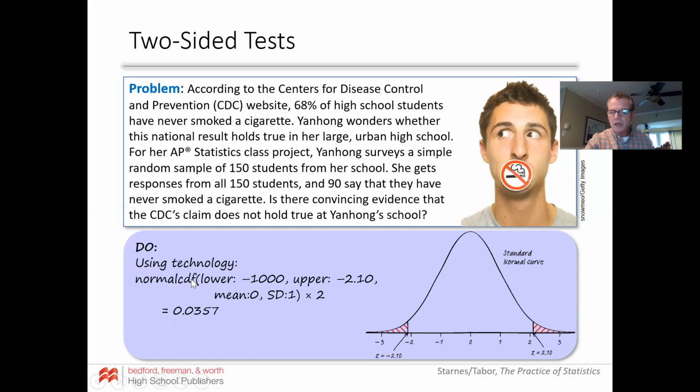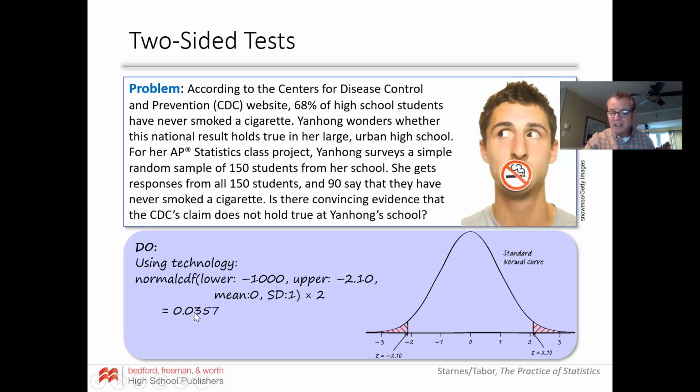See where they did this? Normal CDF, and they went from negative 1,000, an arbitrary negative number, to negative 2.1, the z-score. And they doubled it because they did it the long way. If you do stat test, it'll do it for you. That's a big deal. Why?